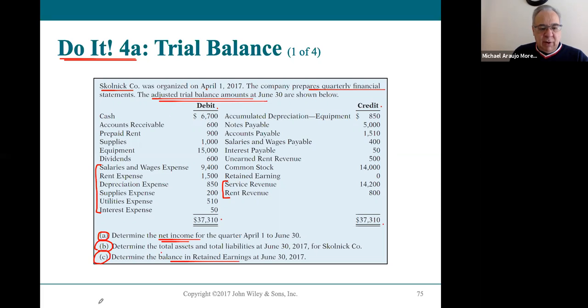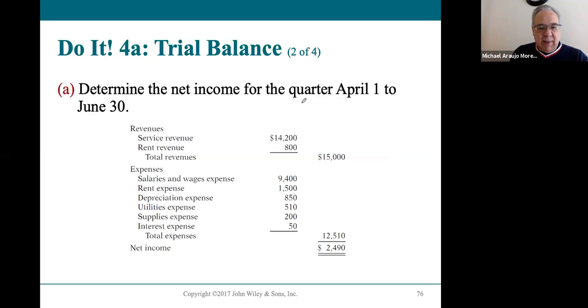So we need all of those to do our income statement. Total revenue, 15 grand, which is the service revenue and the rent revenue together. Total expenses, 12,510. The difference is our profit or net income for the quarter, 2,490. Nothing to write home about, but better than the alternative.